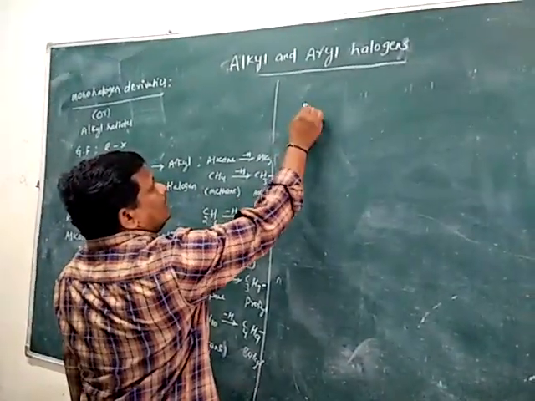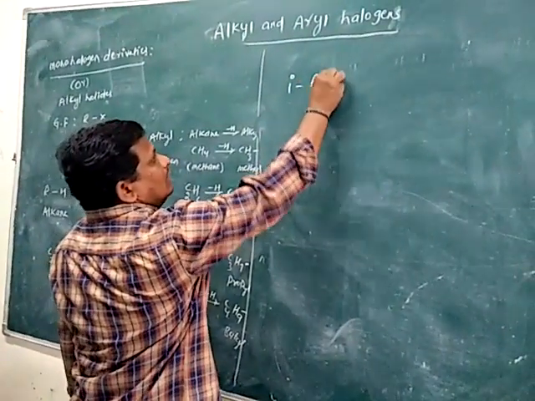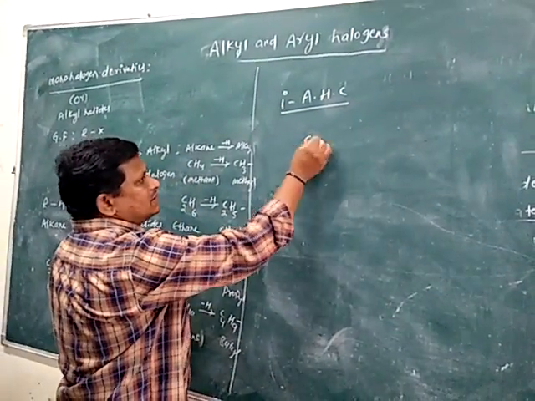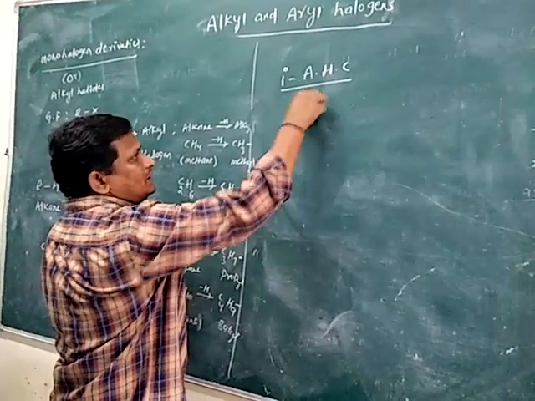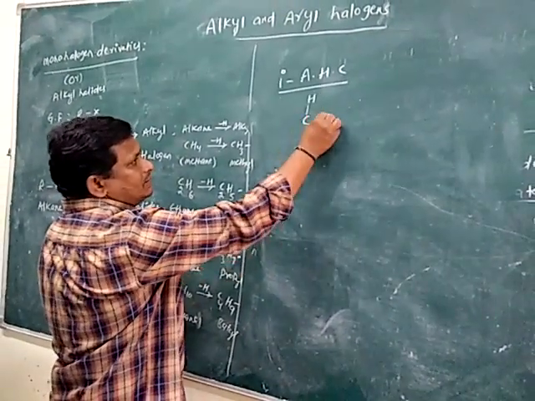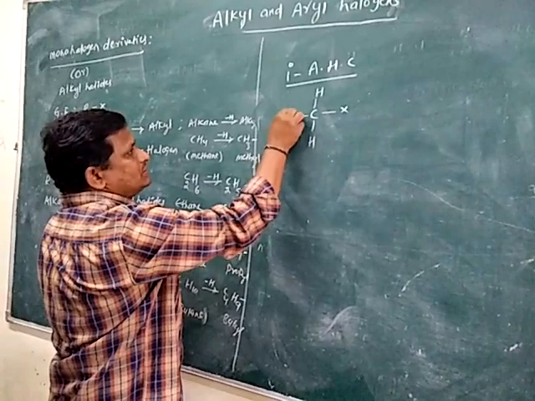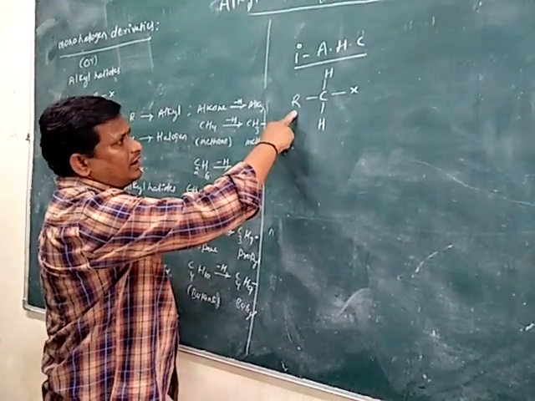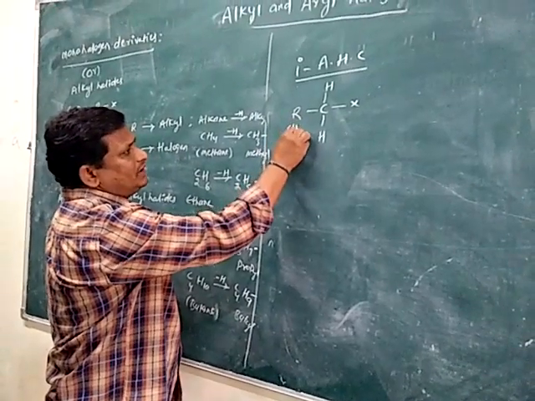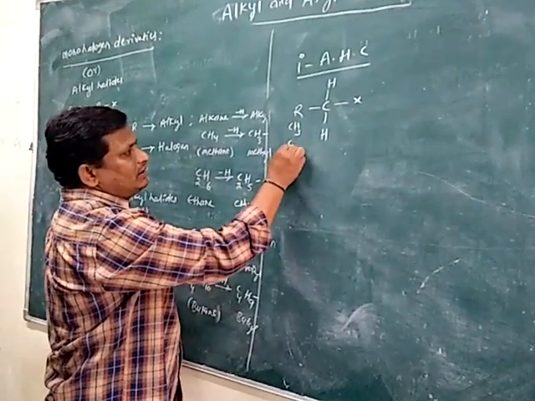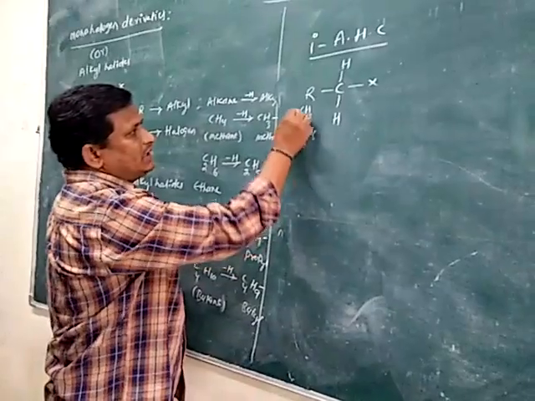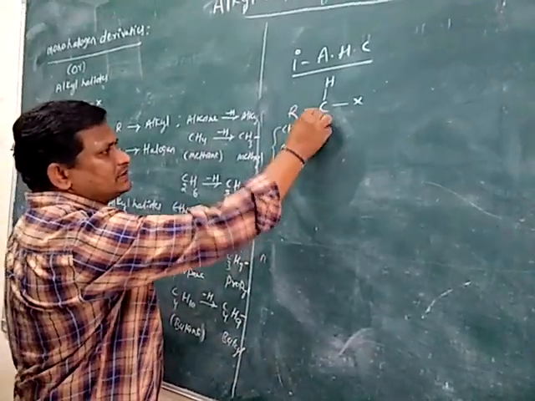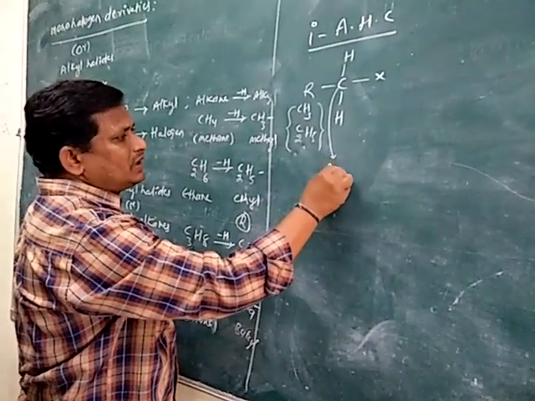Primary alkyl halogen compounds. Let us consider C, H, H, X, and R, wherein R is the alkyl. Alkyl means, for example, CH3 methyl or C2H5 ethyl. This carbon is a primary carbon.